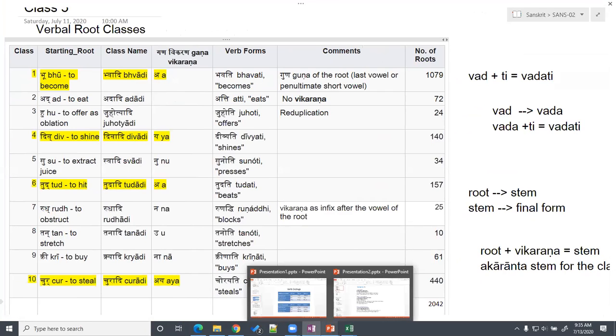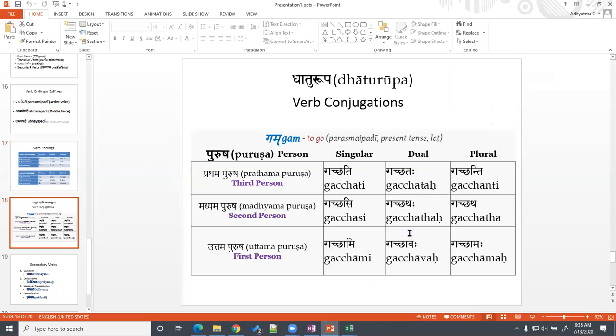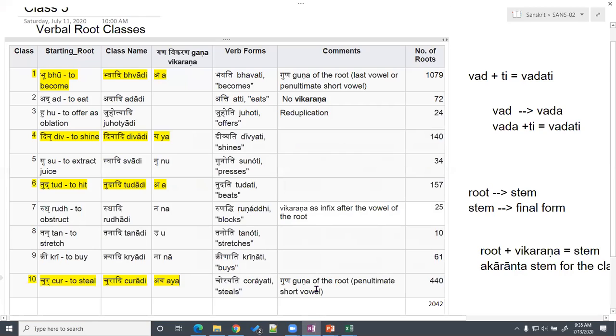So gacchati, gacchataha, gacchanti. We already know how to make the final forms. Gaccha is the stem here, and all you simply do is keep adding the endings. It's very easy. So the main thing is to understand how to make the stem.